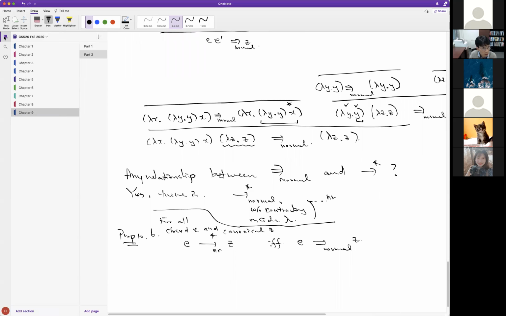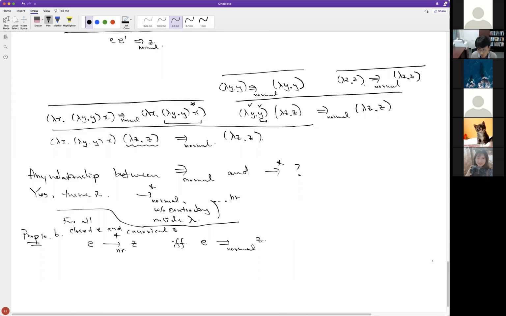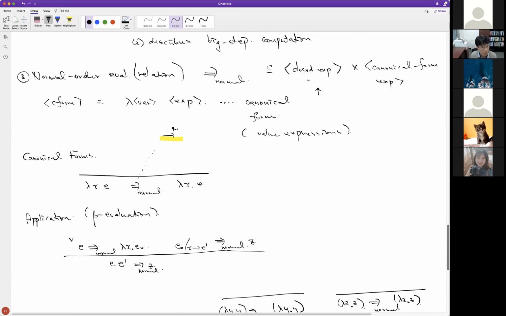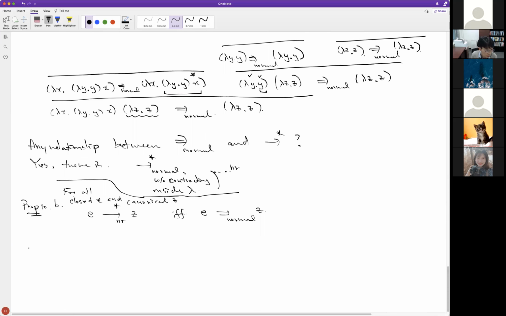This normal order evaluation forms the basis of, say, Haskell, and then some mechanism of Scala.